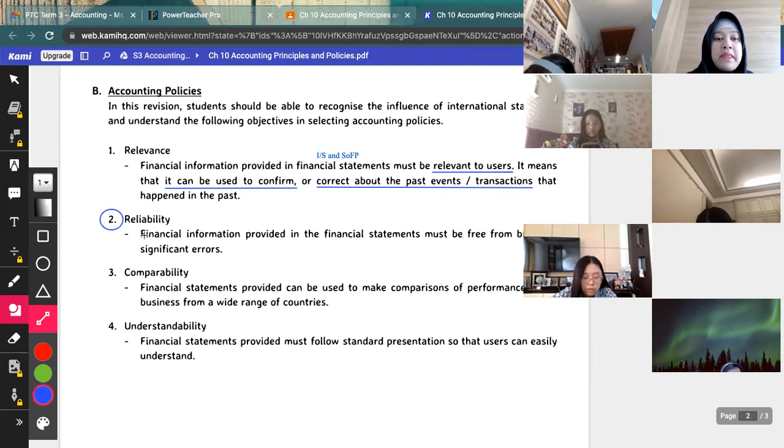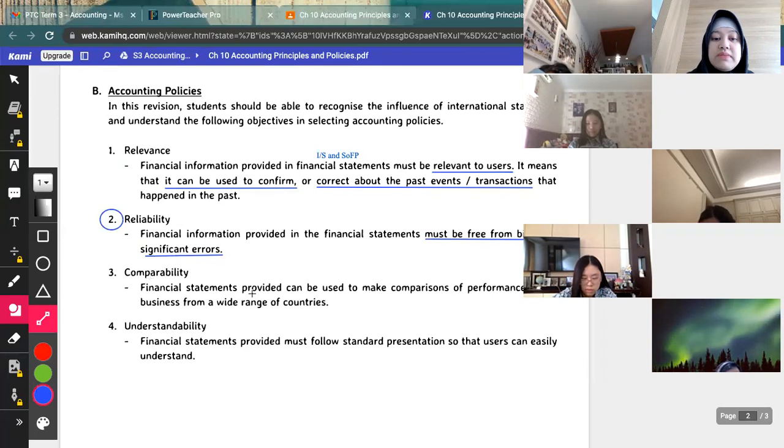Next is reliability. What is reliability? Financial information provided in the financial statements must be free from bias and significant errors. Errors are not allowed in the financial statements, which are the IS and SOFP. Our financial statements must be reliable, free from error and bias. Number 3 is comparability.